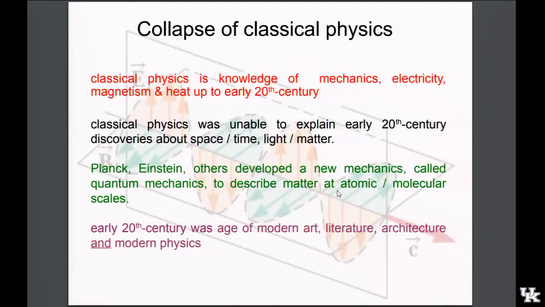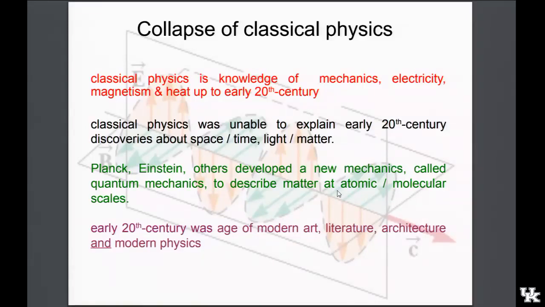Okay, so what happened specifically was that up to the beginning of the 20th century, physics knowledge was basically that of mechanics. You talked about that in 211. Electricity and magnetism, we talked about that in 213. And also heat, which we talked about a little bit. So that's pre-20th century physics, and that collapsed.